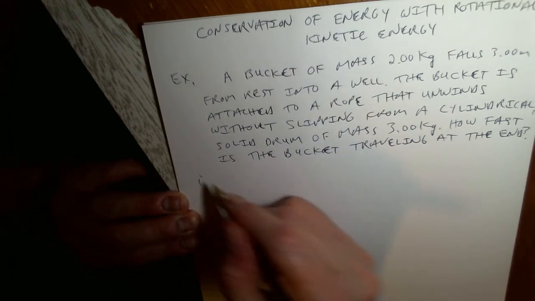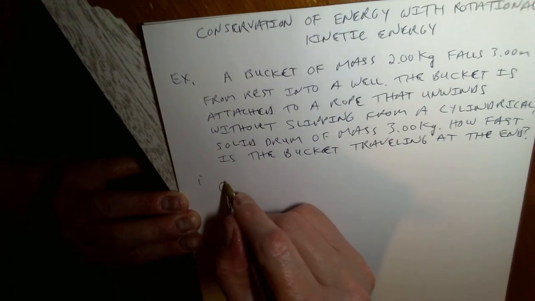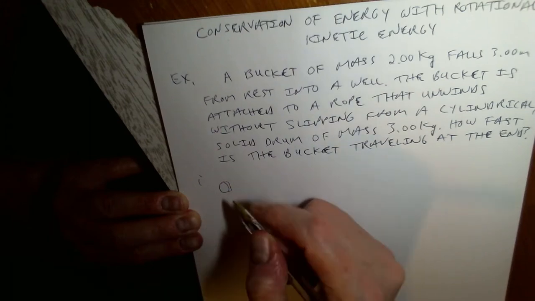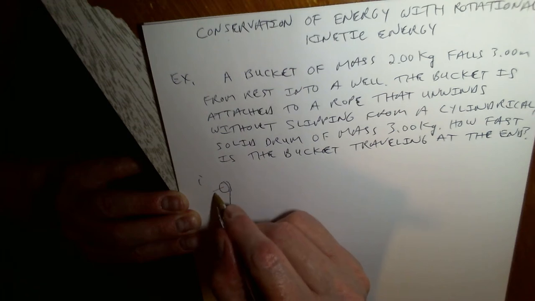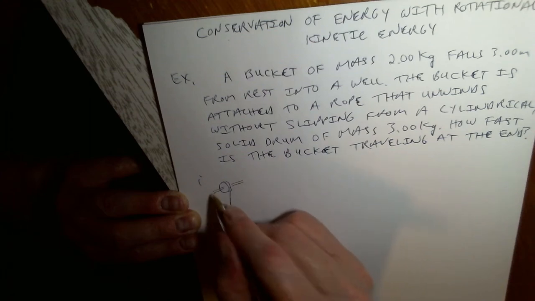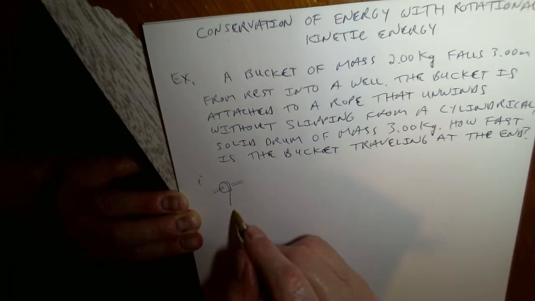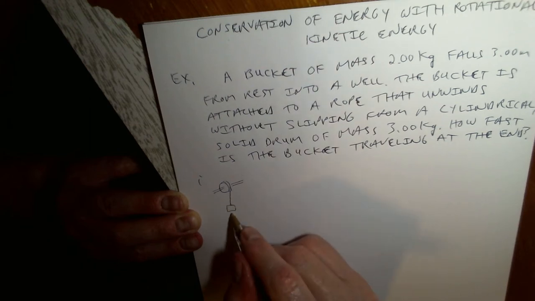So the initial situation, you have the drum with the rope, and the drum is attached to some sort of frame by an axle, and so the bucket is falling like this. No, I'm sorry, the bucket starts at rest, right?